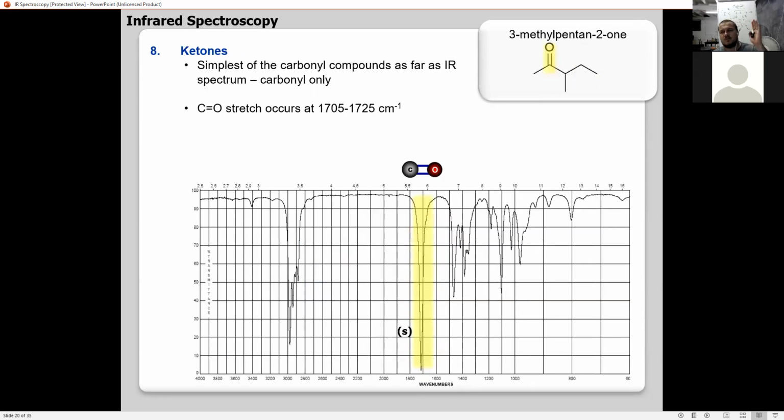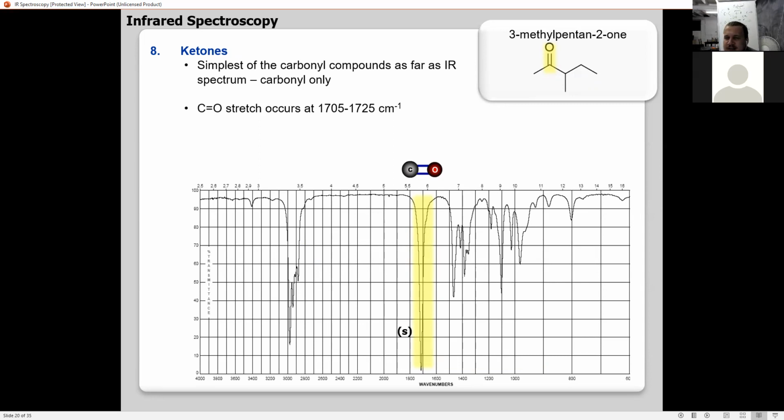Ketones, we have carbon to oxygen stretch down there. And we don't really have anything else of concern. They are the simplest of all of the IR spectrographs.